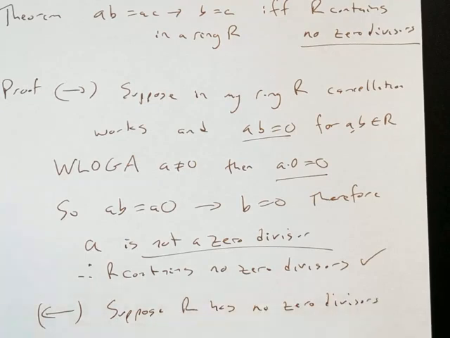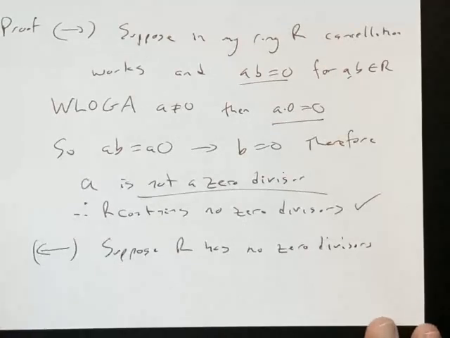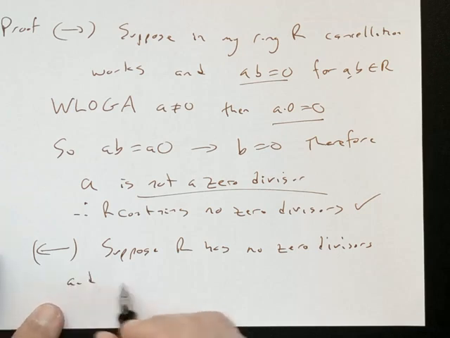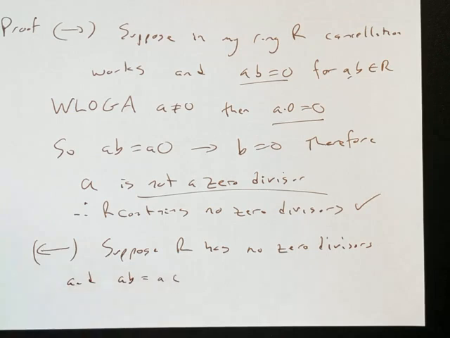I want to prove that canceling works, which means I want to prove AB equals AC gives me B equals C. My eventual goal is to show that I can cancel.